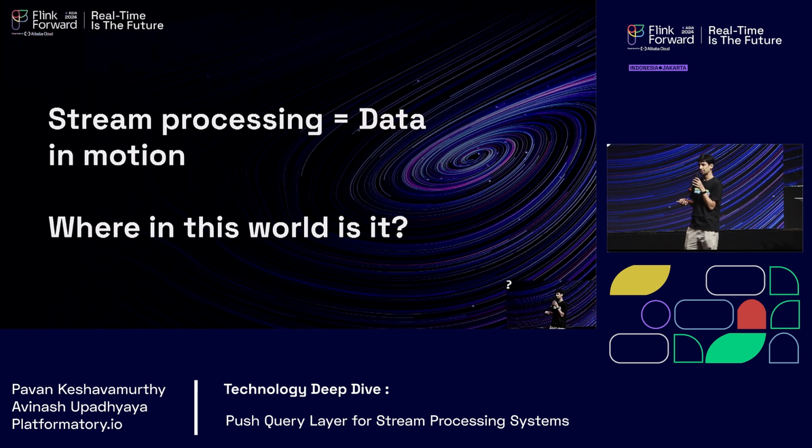The question is, if stream processing systems are in between these operational systems and analytical systems, can you strictly classify them as operational in nature or analytical in nature, right? So that's one of the sort of tougher questions to answer. The answer is it's a little bit of both, right?